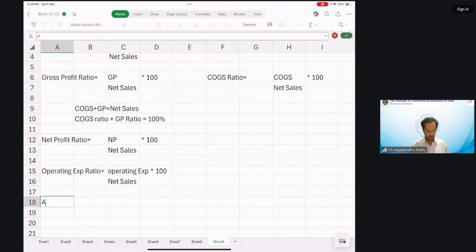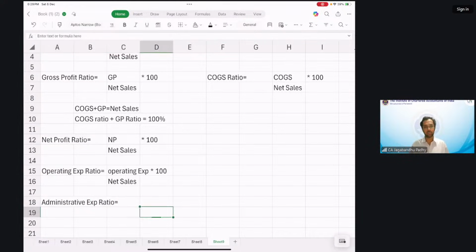Then you can have the administrative expense ratio. This is going to be admin expense upon net sales into 100.